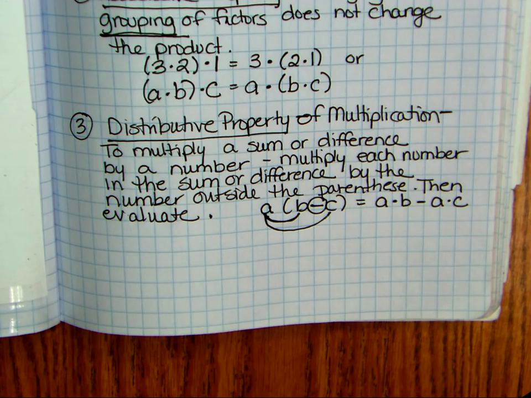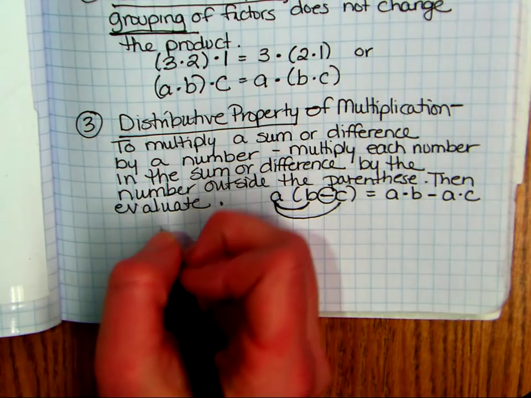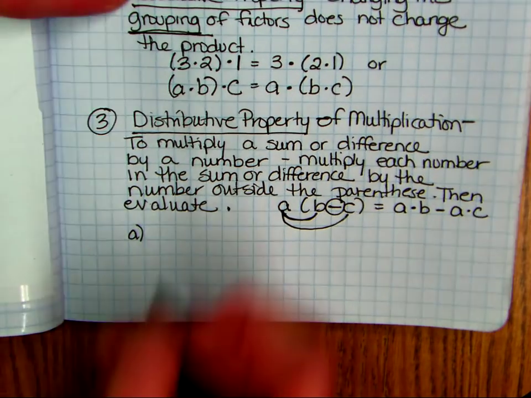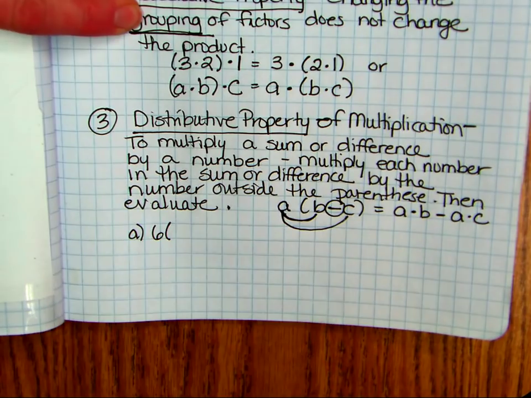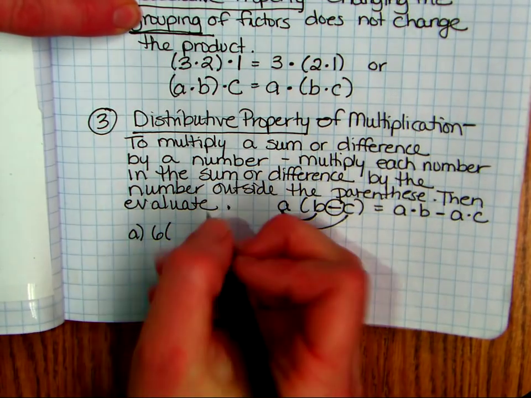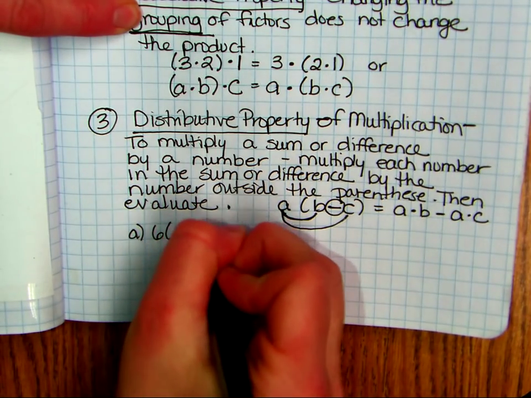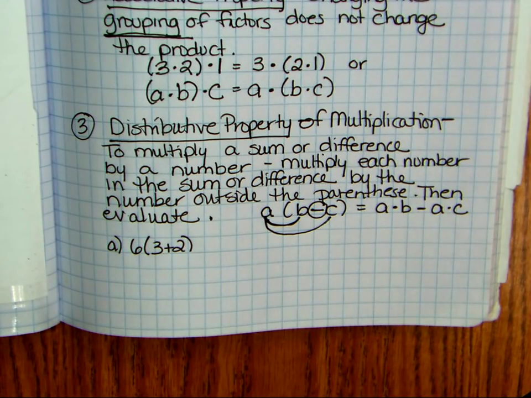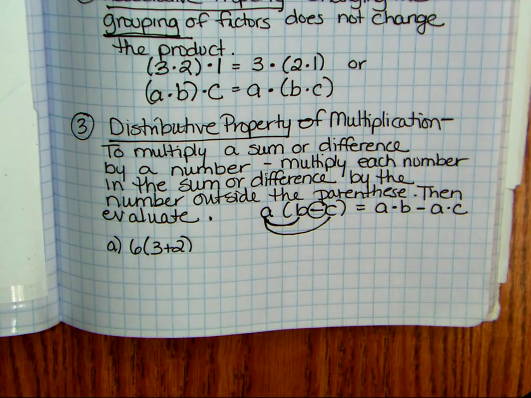So let's see this as an actual example. So here's your first example. If we had 6 times 3 plus 2. Now, I could do this the traditional order of operations way and just go 3 plus 2 is what? What is it, class?